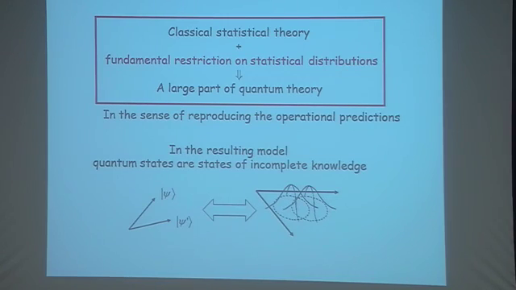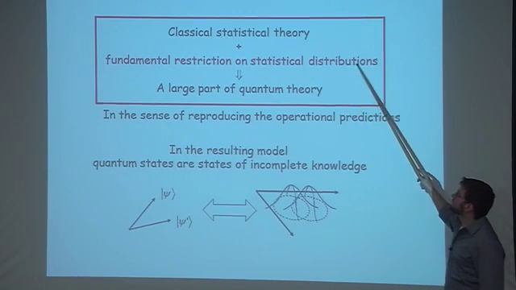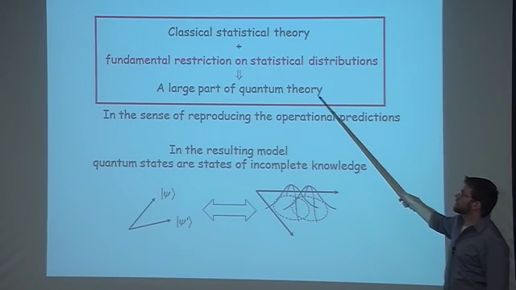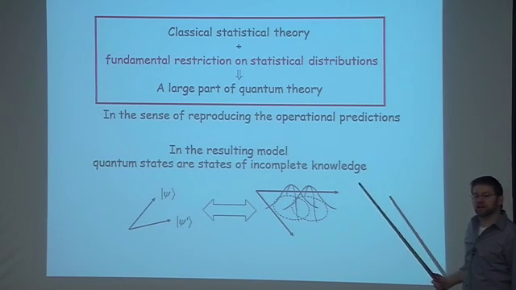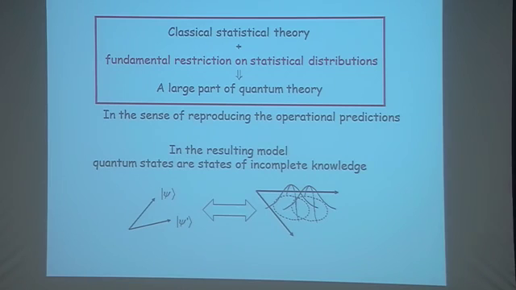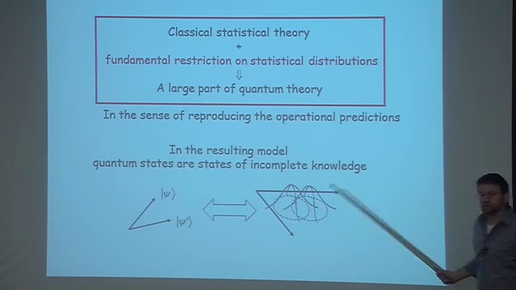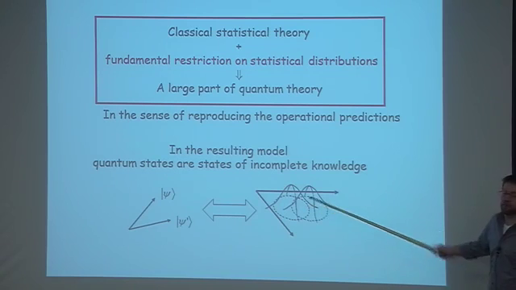And the nature of the evidence was basically that if you start with a classical theory, you add some restriction on the kinds of probability distributions that can be prepared, you get a lot of quantum mechanics coming out, in the sense of reproducing the same predictions that quantum theory reproduces. And of course, in the model that you get, non-orthogonal quantum states were associated with overlapping probability distributions. And so that is why these were psi-epistemic hidden variable models.